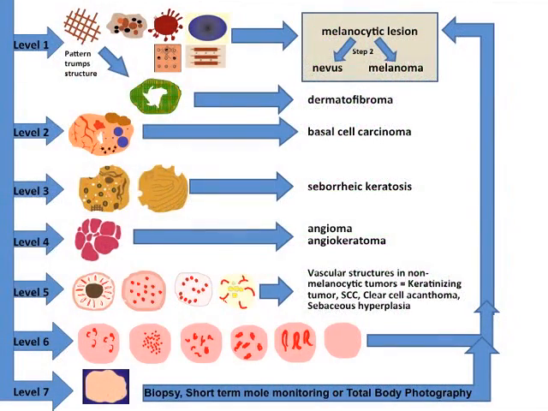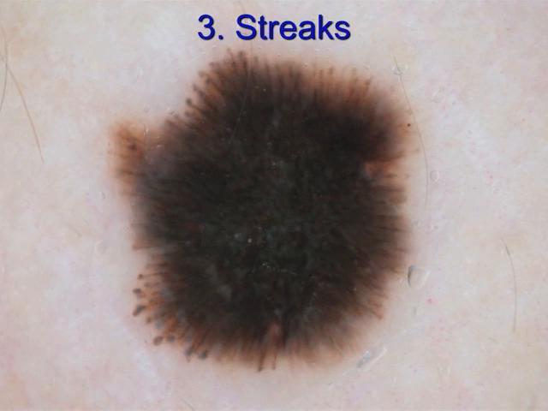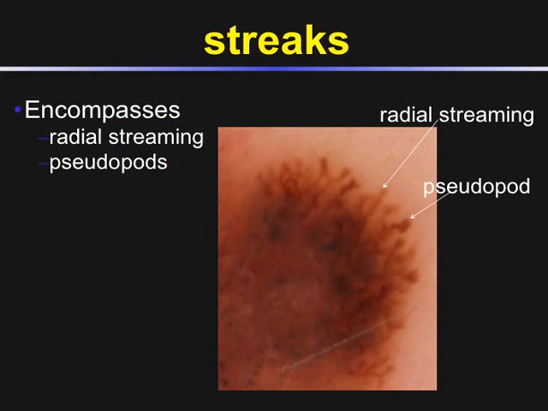Okay, so then the next structure that defines a lesion as melanocytic are streaks. And streaks are here. They're these linear extensions coming off the tumor, going off into normal skin. Now, in the old literature, there was a term called radial streaming, another called pseudopods.